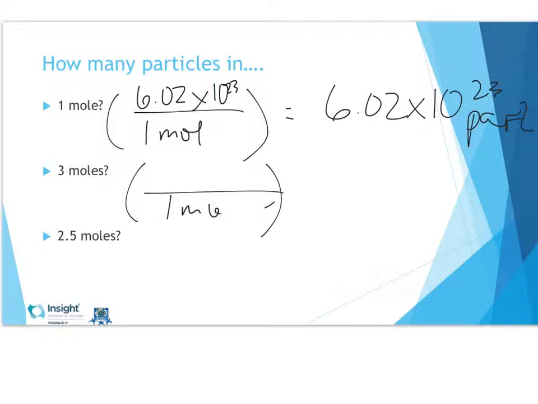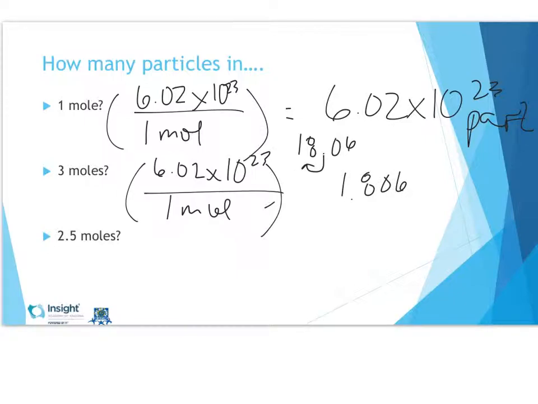Now, when you get to this point, if you don't have a calculator handy that can do the exponent stuff in there, ignore the exponent for now. You can do 3 times 6.02, which gives you 18.06. To write that in scientific notation, we're going to have to move the decimal once. So it's going to be 1.806, and then that decimal move adds another number to the exponent, times 10 to the 24th particles.